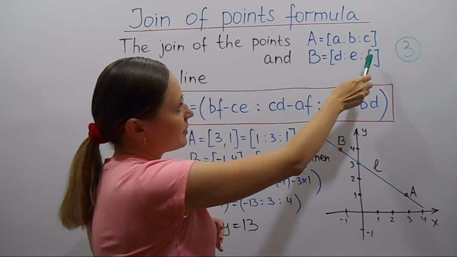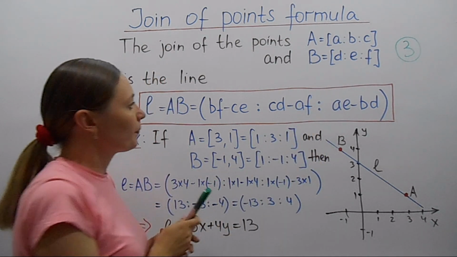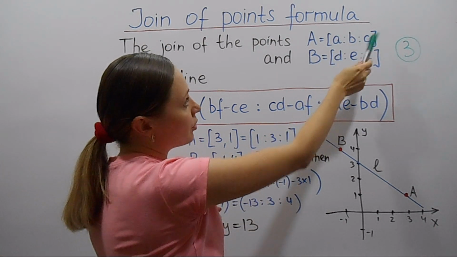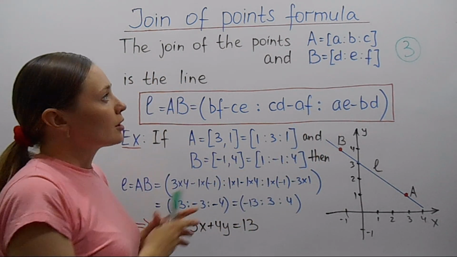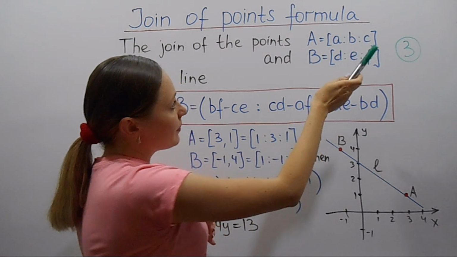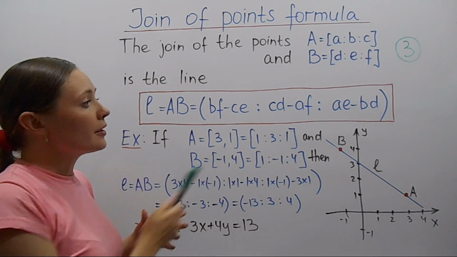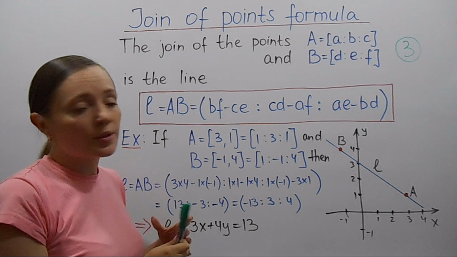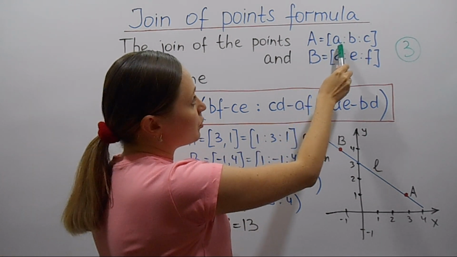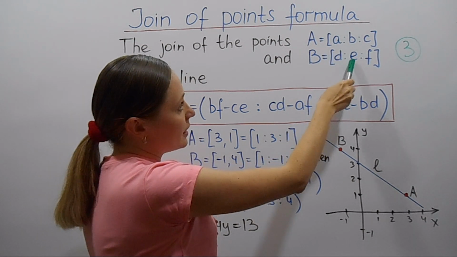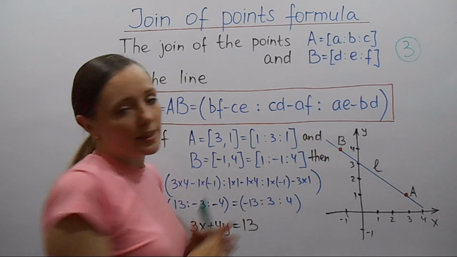So this is B times F minus C times E. The second entry just involves the first and third entries of both. So this is C times D minus A times F. And the third entry just involves the first 2 entries. So this is A times E minus B times D.